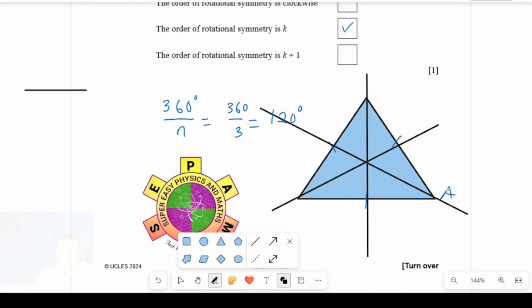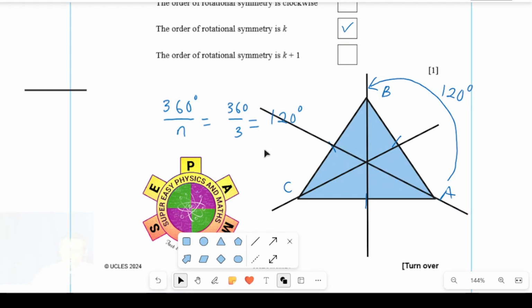So if I call it A, B, C and rotate it through 120 degrees, the triangle will become the same shape. So that is the angle of rotational symmetry. The number of rotational symmetry is equal to the number of lines of symmetry. So most times the order of symmetry is equal to n.